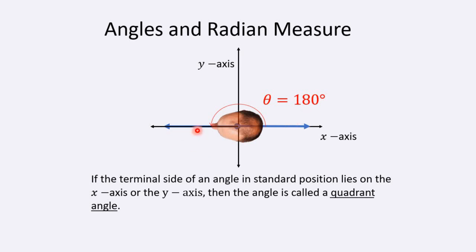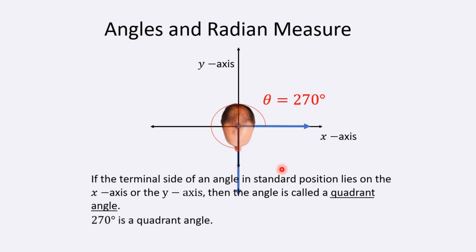If we continue beyond that another quarter turn, so beyond 180 and we go to 270 degrees, so three-quarter turn, 3/4 of a full revolution. 270 degrees is a quadrant angle because the terminal side lies along the negative y-axis.